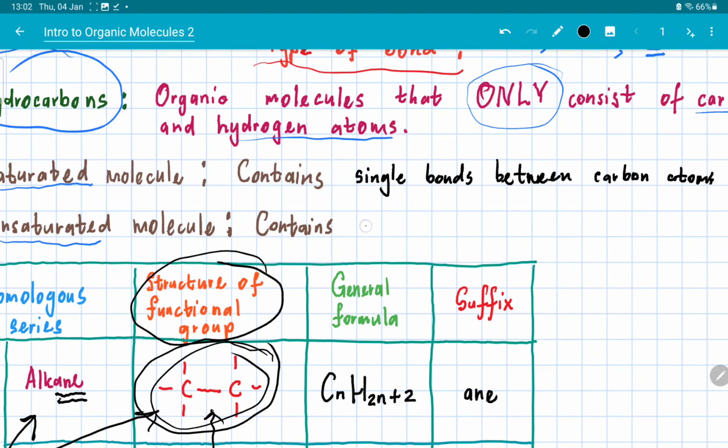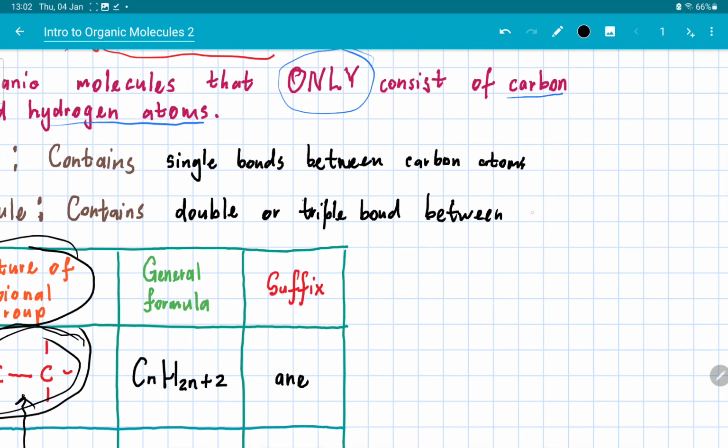So it contains double or triple bonds between carbon atoms.